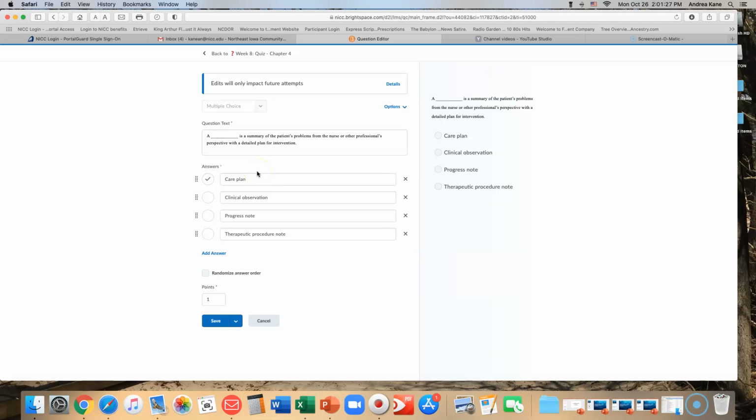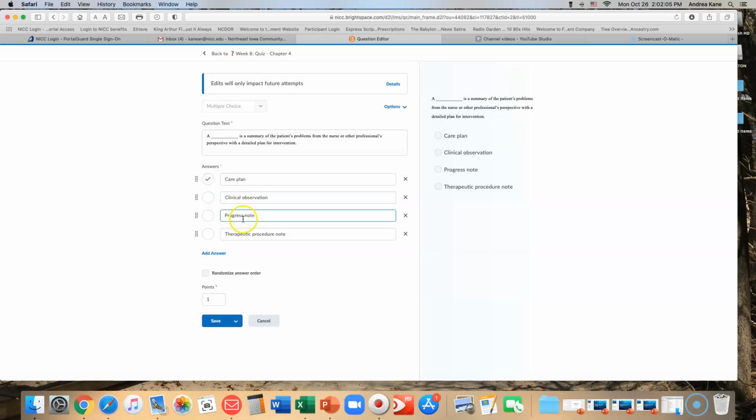So let's go back into your book and talk about where it talks about a care plan. On page 107, it talks about clinical observations provided in a progress note. So really, clinical observation and progress note are the same thing.